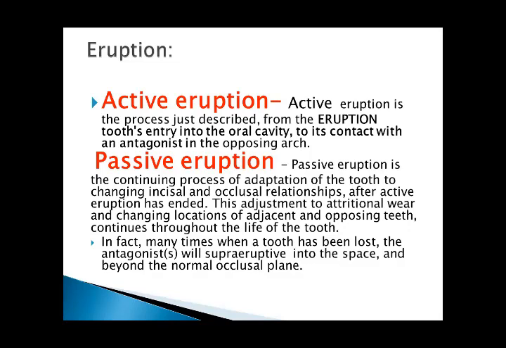These adjustments to attritional wear and changing locations of adjacent and opposing teeth continue throughout the life of the tooth. In fact, many times when a tooth has been lost, the antagonist will supraerupt into the space and beyond the normal occlusal plane.